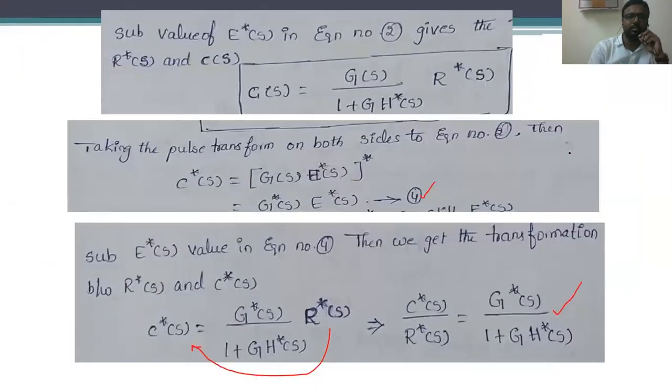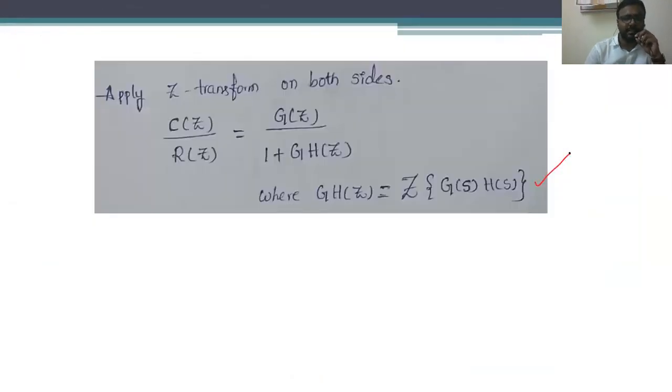So these are very very important questions which are repeatedly asked in your previous university question papers.